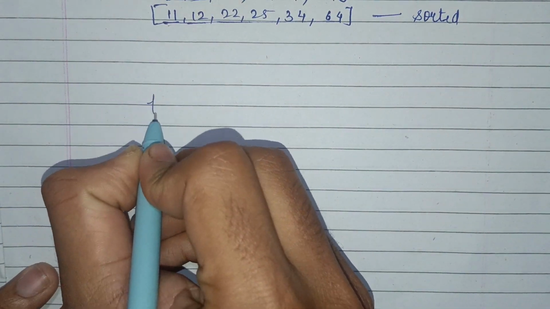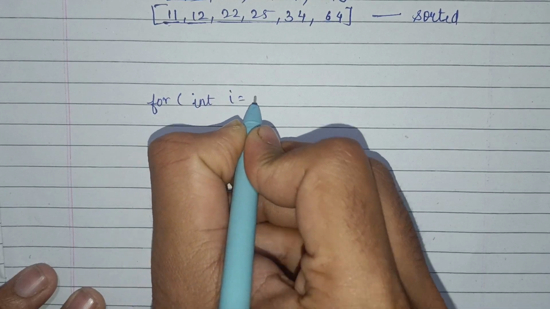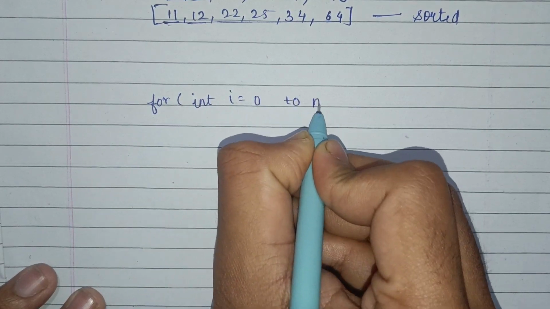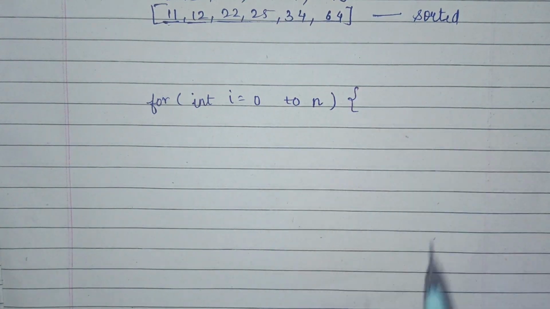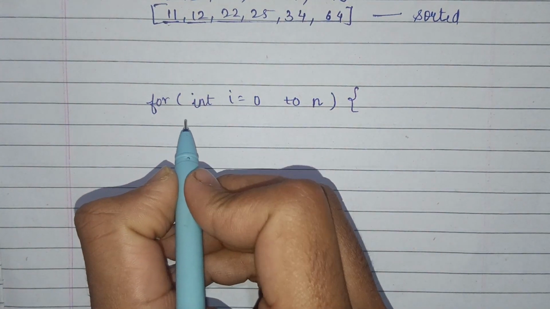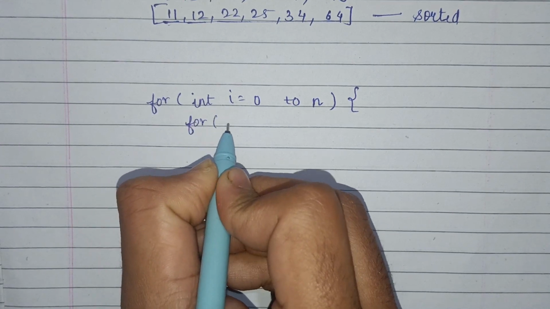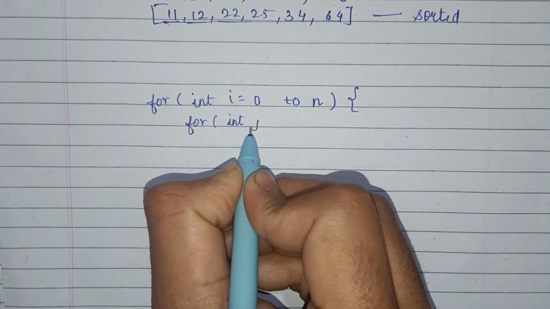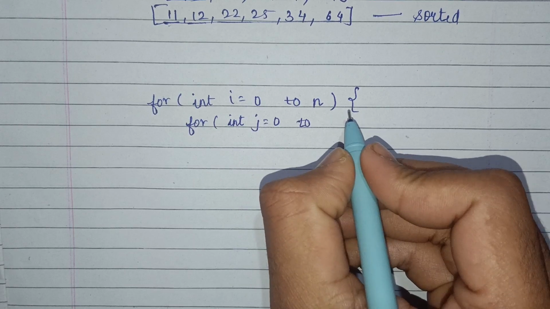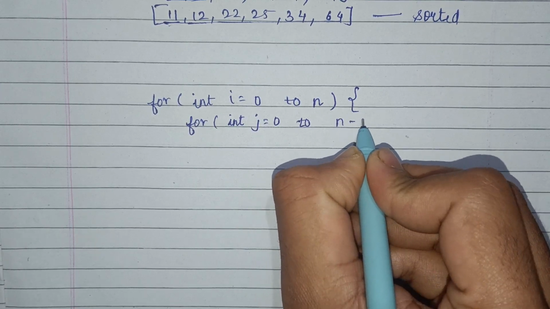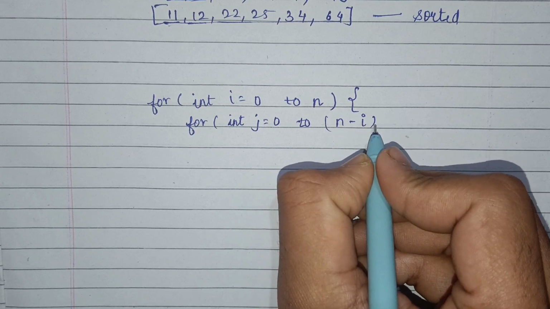So for int i equal to 0 to n, and in this we have to run another for loop for int j equal to 0 to n minus i. So we will run the loop till n minus i.